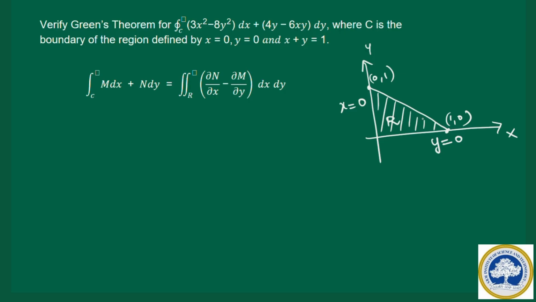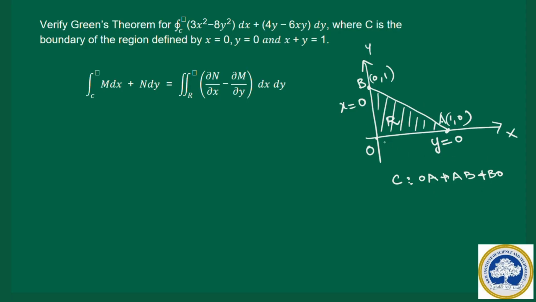This is the region R, and the closed curve C is nothing but, if this is the origin O, this is the point A and this is the point B, then the curve C is OA and then AB and then BO, that is, the combination OA plus AB plus BO.